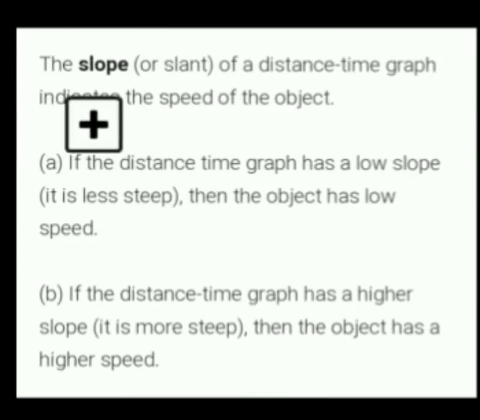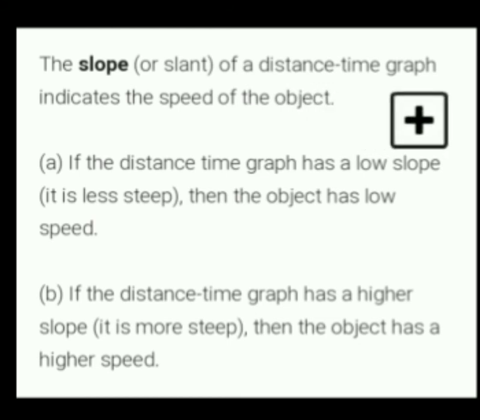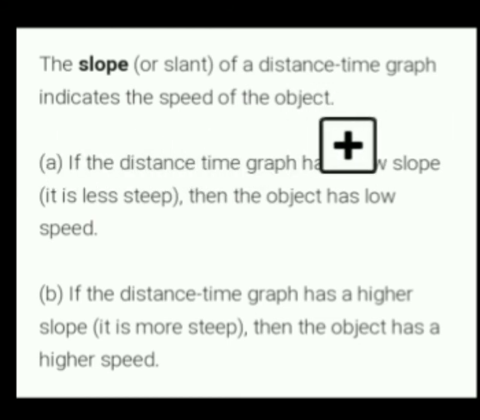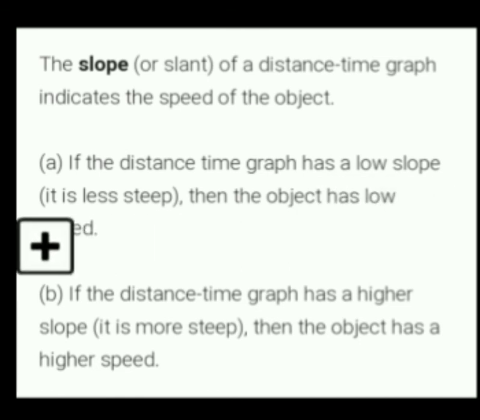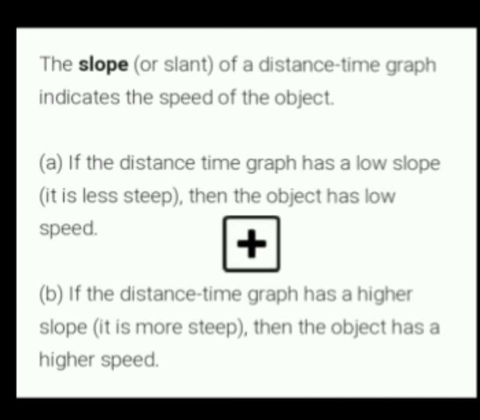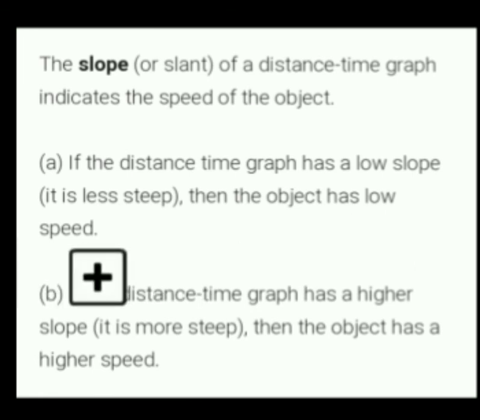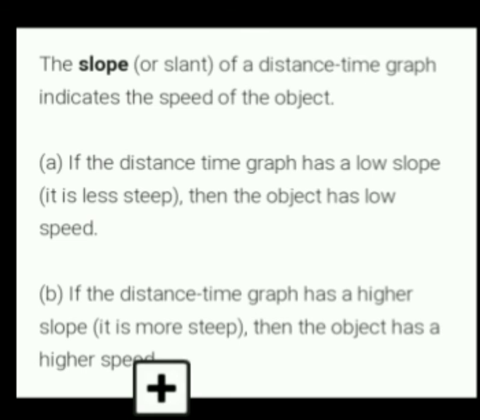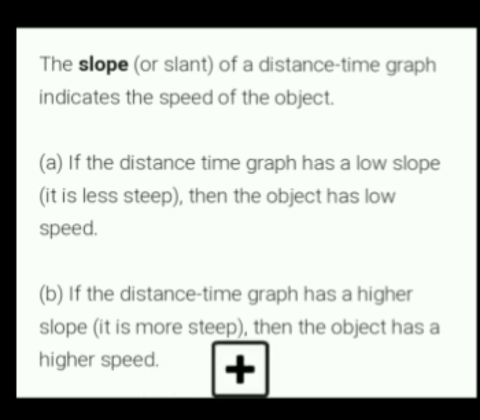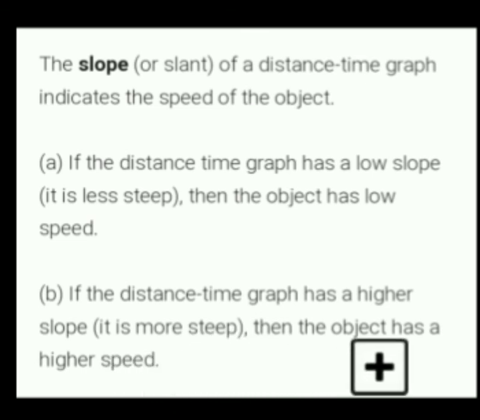Now students, recall the slope of a distance time graph indicates the speed of the object. If the distance time graph has a low slope, that is less steep, then the object has low speed. If the distance time graph has a higher slope, that is the graph is more steep, then the object has a higher speed.